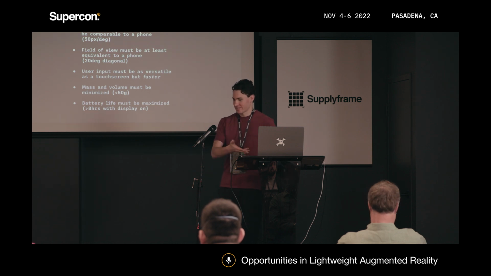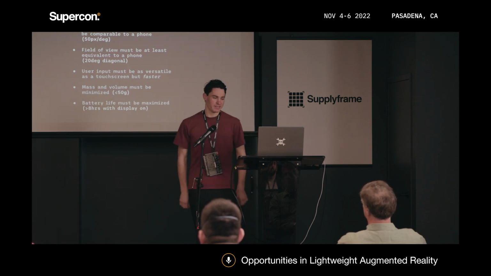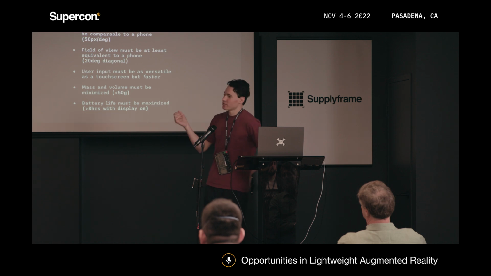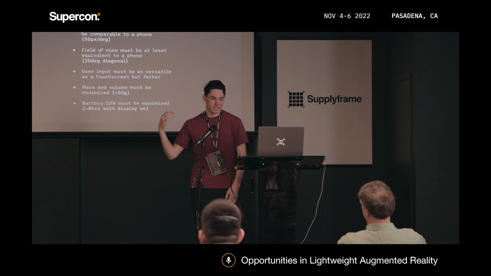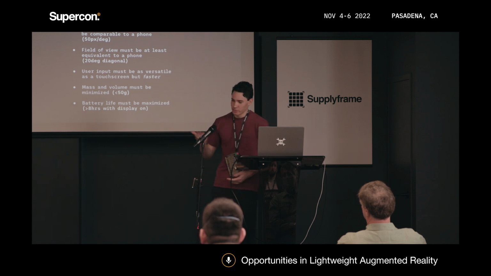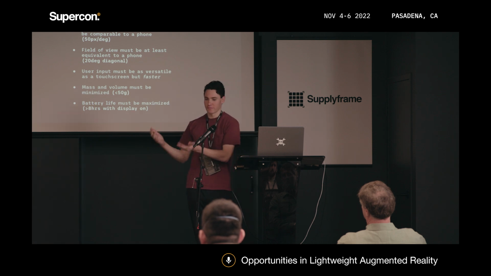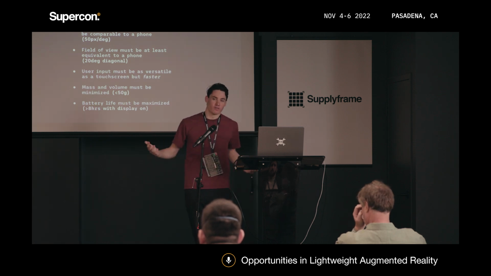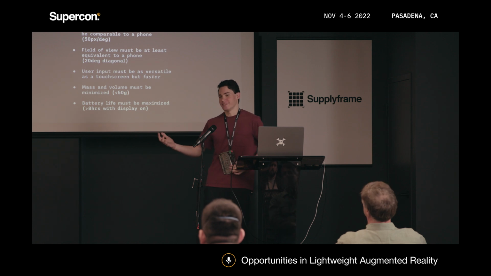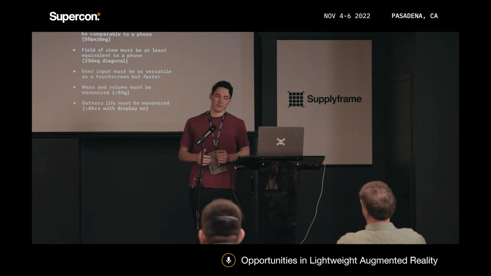In my view, you're essentially competing with phones in designing these sorts of devices. So the angular resolution, pixels per degree would be one way to measure it, needs to be comparable. The field of view should also be comparable to a phone you would be holding in your hand. And from that, you can gauge that the overall display resolution should at least not be orders of magnitude different from what you have in a phone.